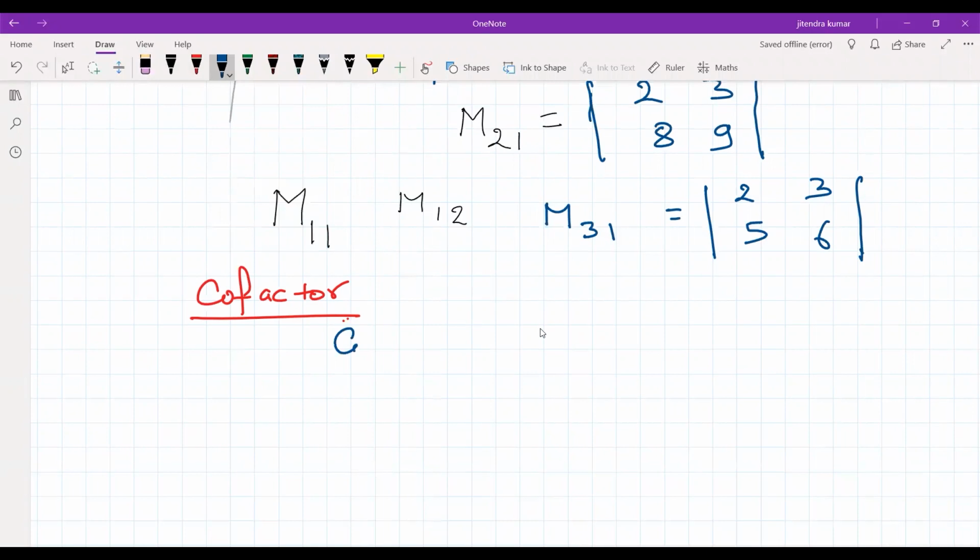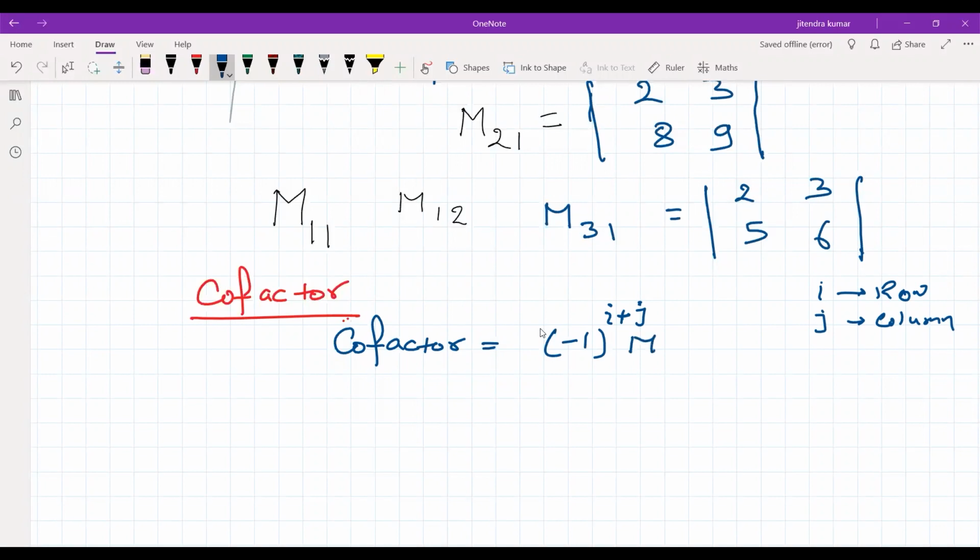Now, cofactor is nothing but a formula like this: (-1) raised to the power I plus J, where I refers to the row and J refers to the column, into the minor.